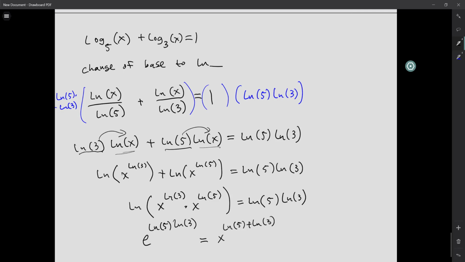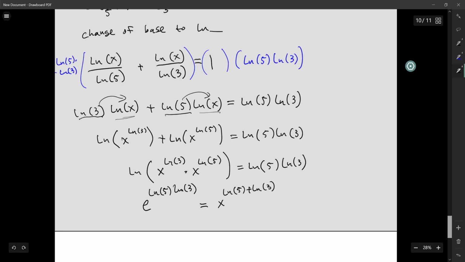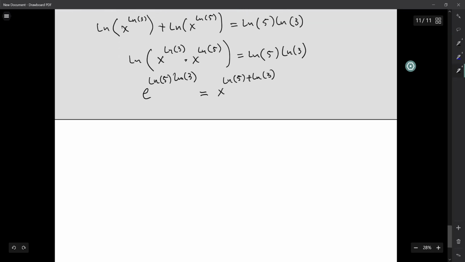In fact, these are pretty much never pretty. But we can do a little bit. I can use properties of logarithms on the right side. So this is e to the natural log of 5 times natural log of 3, which is gross, equals x to the natural log of 15.